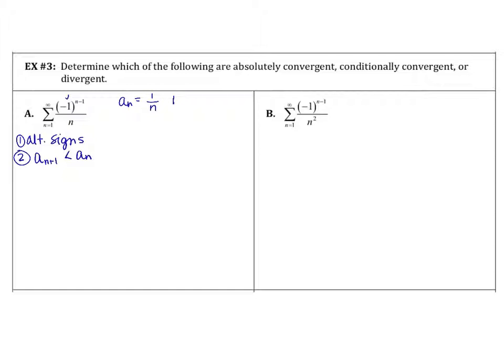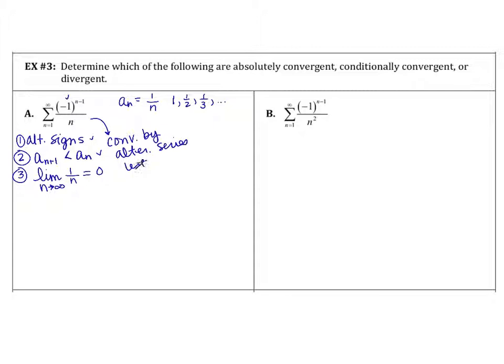So that would be a 1, and if I plug in 2, I get a half. If I plug in 3, I get a third, and so forth. So we do see that is true. And then the third thing, if we look at our limit as n approaches infinity of 1 over n, that does tend towards 0 as well. So we see that this does converge by the alternating series test.